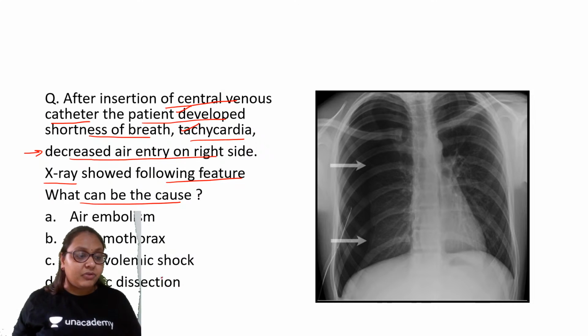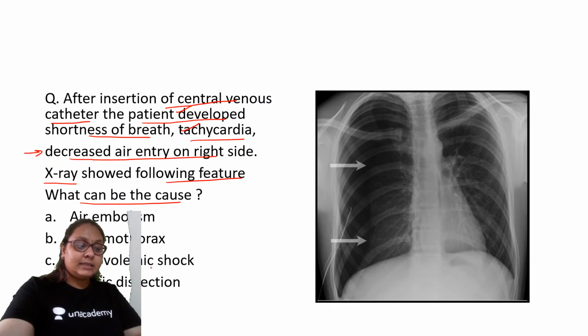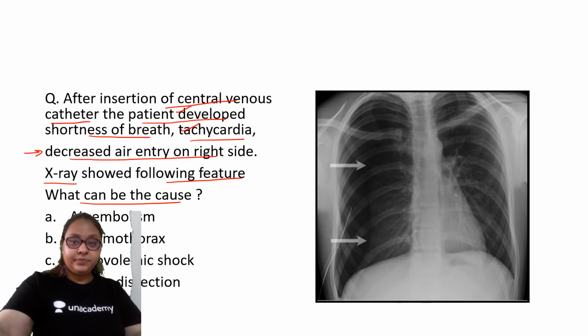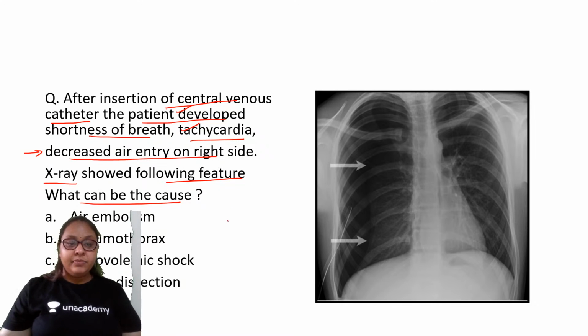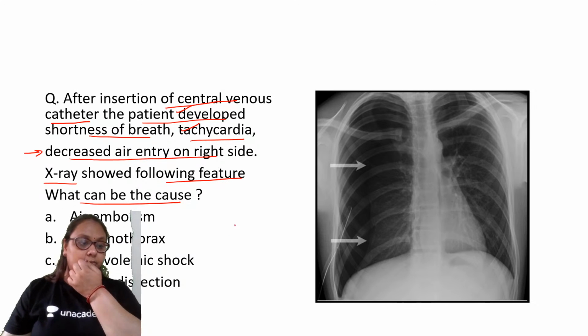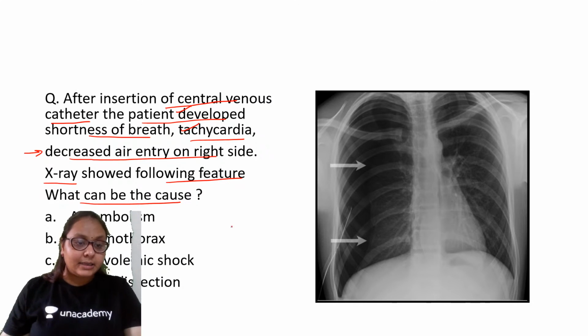Friends, I'll be giving you 15 seconds. Just answer this. See the X-ray, what you find in the X-ray, and come to the diagnosis. A. Air embolism, B. Pneumothorax, C. Hypovolemic shock, or D. Aortic dissection?